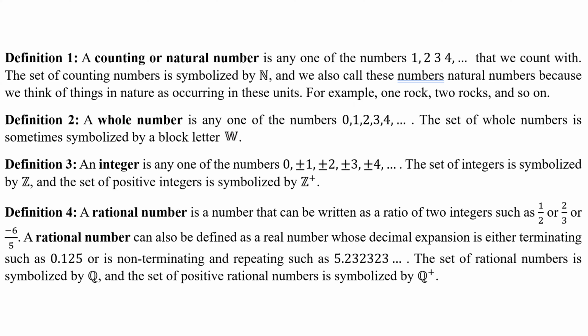And then on our number line, the points or numbers that we usually mark off for our scale are the integers. 0, 1, 2, 3, 4 in the positive direction, and then -1, -2, -3, -4, and so on in the negative direction.